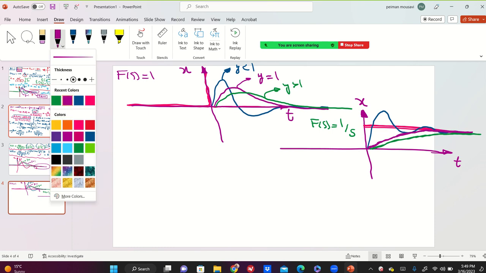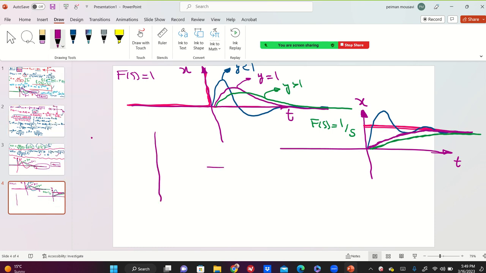Now, if I want to go over the ramp input, as I promised you in the beginning of this course, for any second order system or any higher order system that has dominant poles acting as one of these cases, I'm going to hopefully teach this day or the next class.